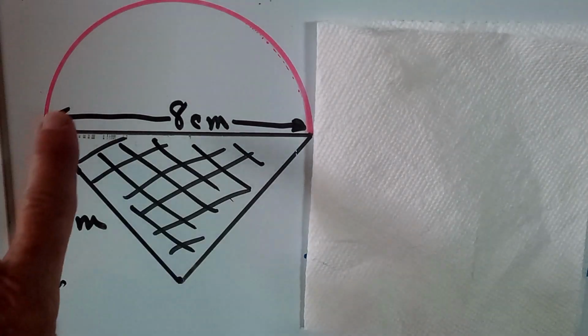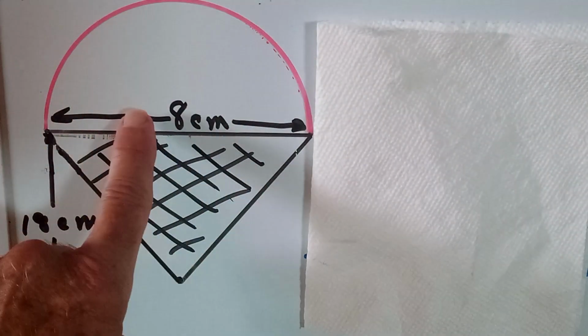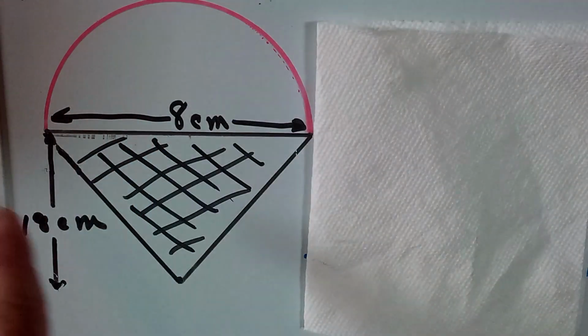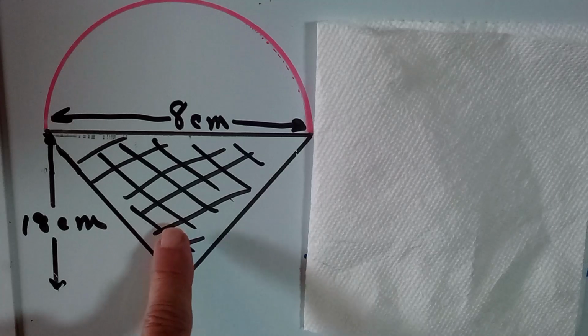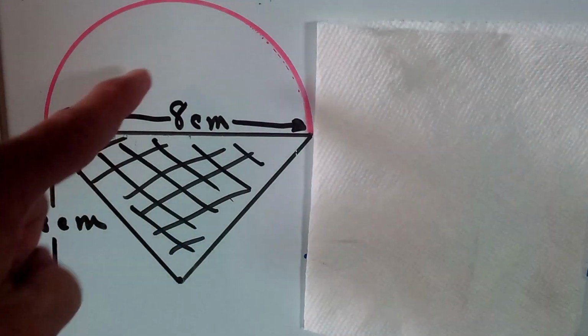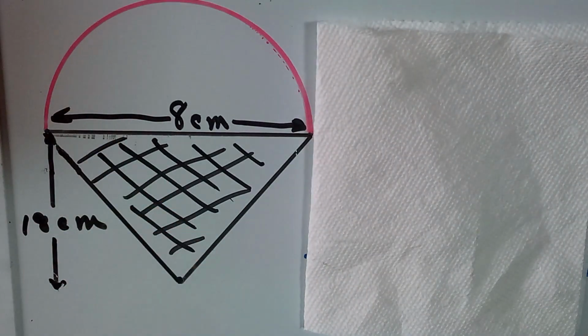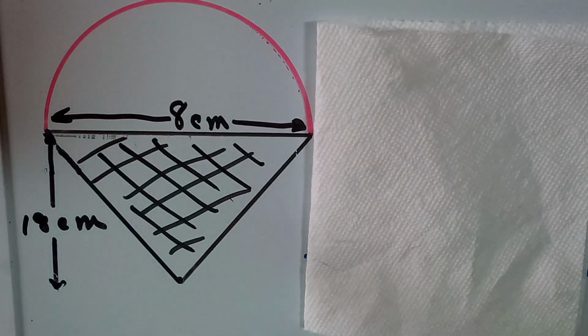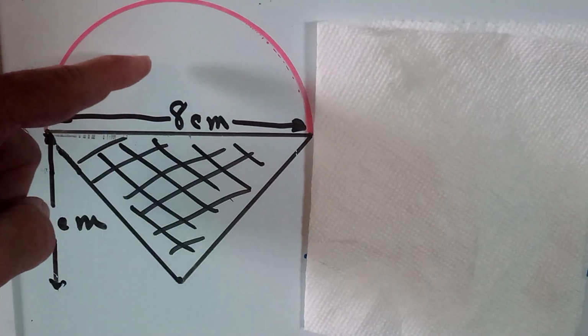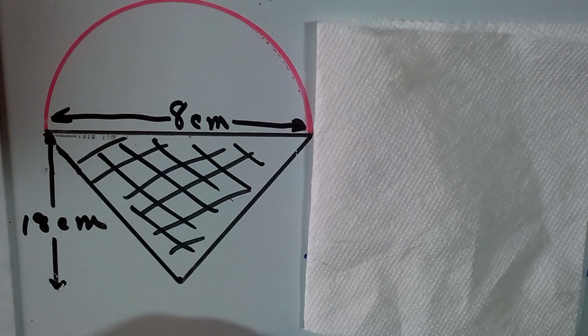So it's going to be the amount of ice cream over the volume or amount of space in the cone. It is the part over the whole. So all I need to do is calculate the volume of the ice cream and calculate the volume of the cone, and put the volume of the ice cream over the volume of the cone.